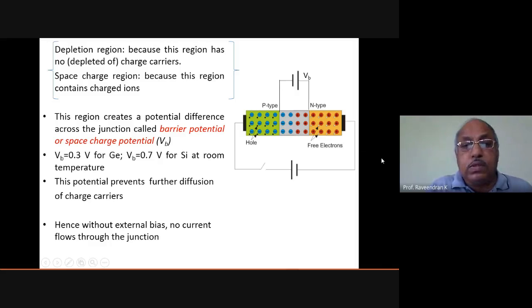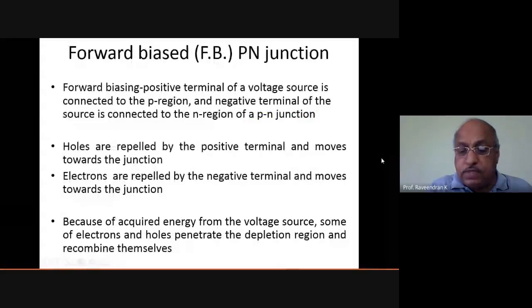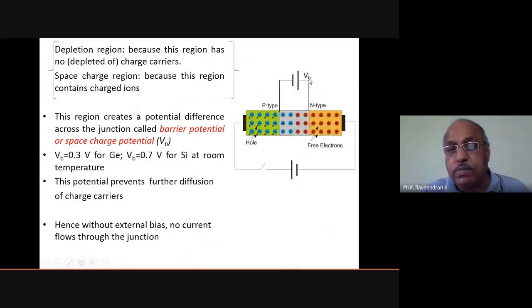Now, this is the PN junction, P and this N, here this particular area, the PN junction is formed, isn't it?